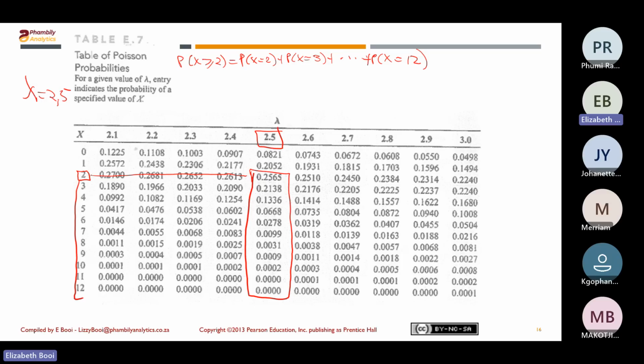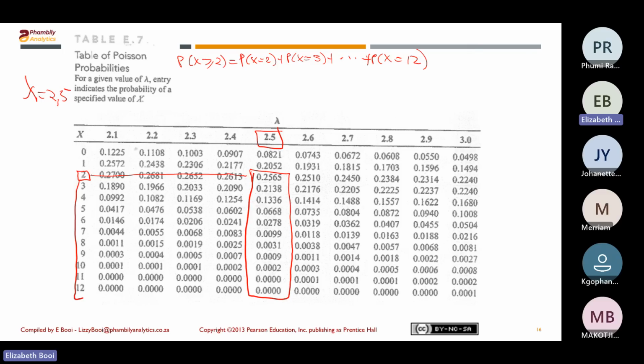0.2565 plus 0.2138 plus 0.1336 plus 0.0668. Just give me a second and you continue adding.